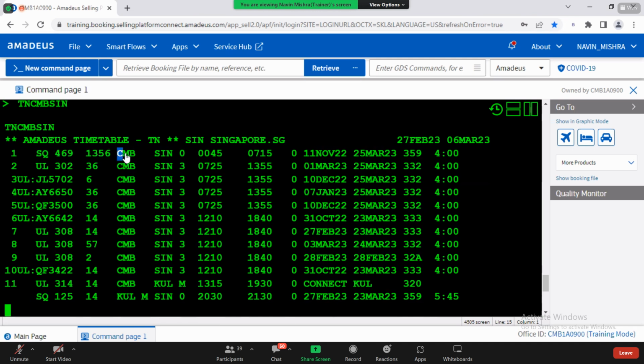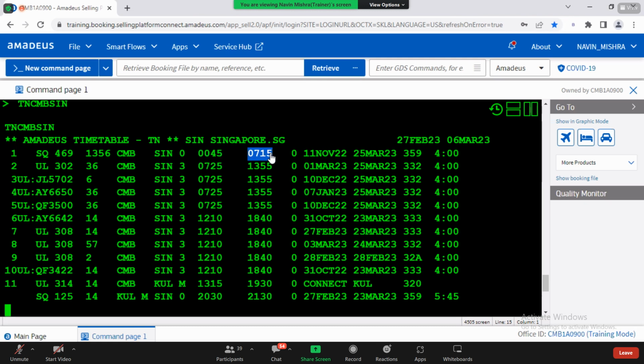Apart from this, this flight operates from Colombo. Now, here nothing is mentioned, which means that at Colombo Airport, the terminal number is not yet decided. Then the destination is Singapore at terminal number 0. Departure time from Colombo is 12:45, and at Singapore, the flight arrives at 7:15.